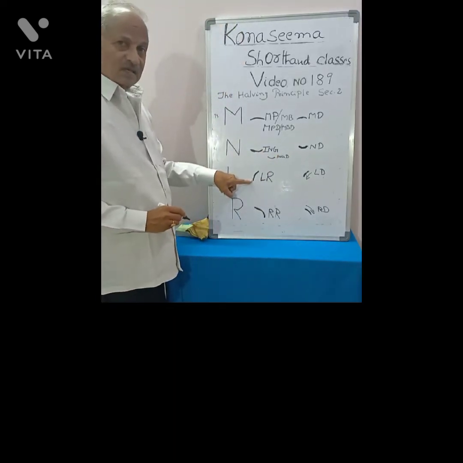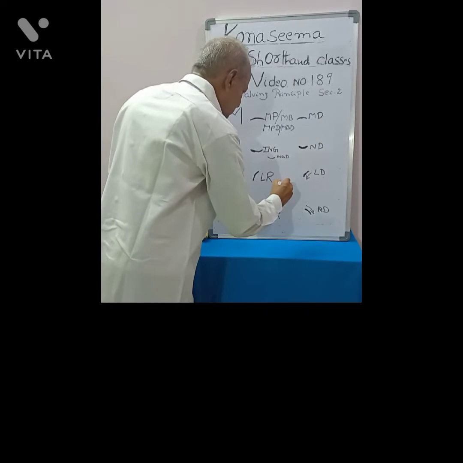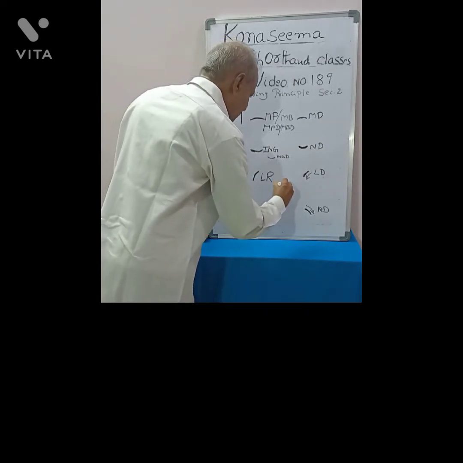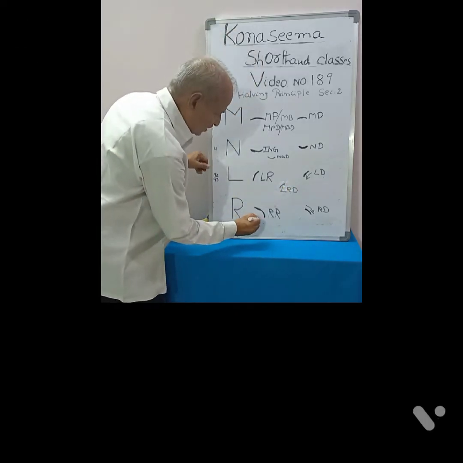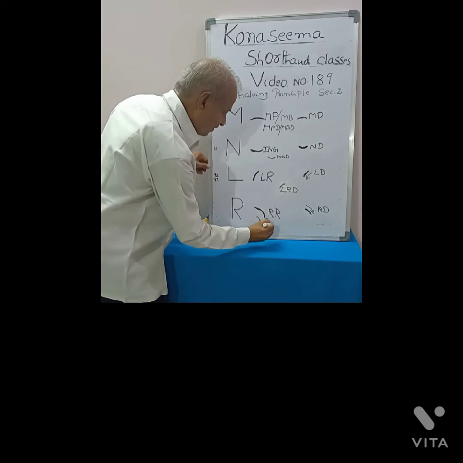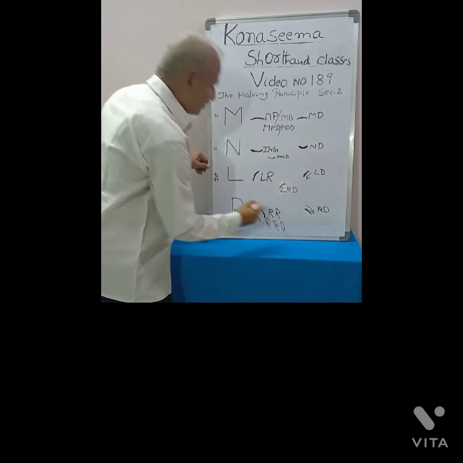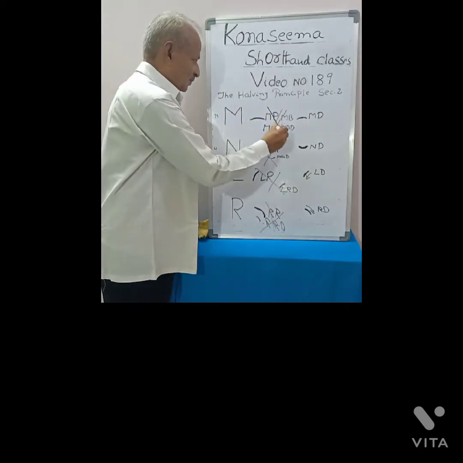Why not this lar can be halved for the addition of larred? And why not this for rarred? It is not allowed here.